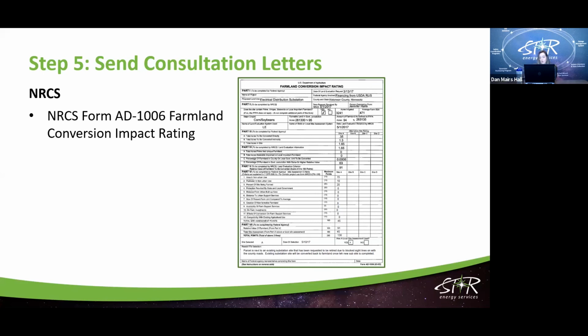We fill this out and submit to them, and they take a look at it and give a rating to the site for it being converted from farmland to its new use. This still needs to be filled out, like even if it's going in undeveloped land in an industrial park. So even if the site's not in farmland, you still need to fill out this form.